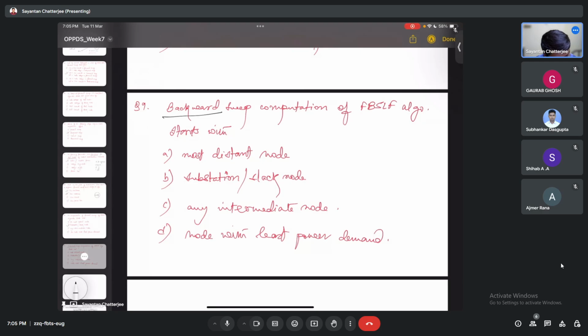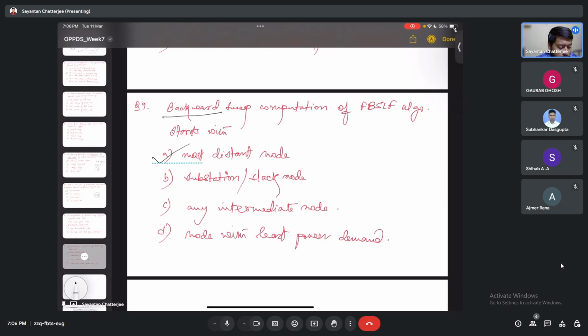So it should start with... any answers? So the most distant node, right? The backward sweep starts from the end node and moves towards the slack node or substation node.